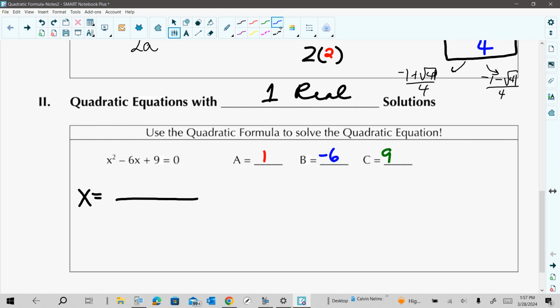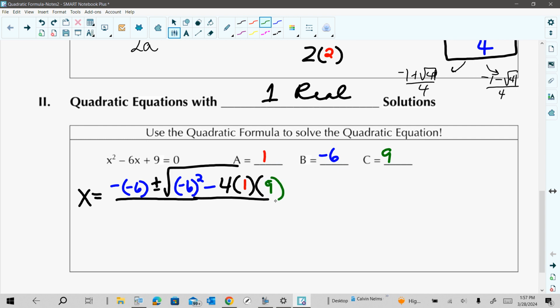We're going to have a negative, and then inside the parentheses the substitution for B, plus or minus the square root of B squared minus 4 times A, which is the 1, times C, which is our 9.